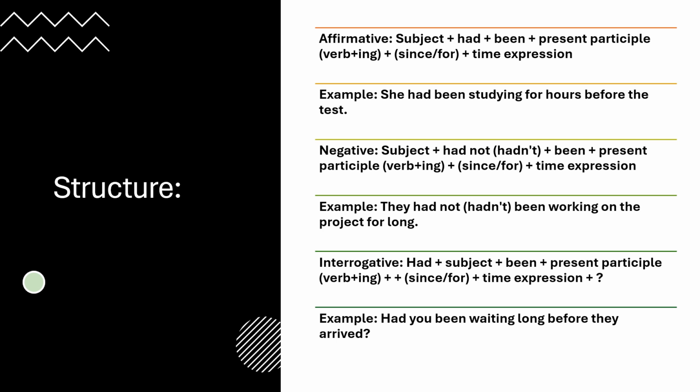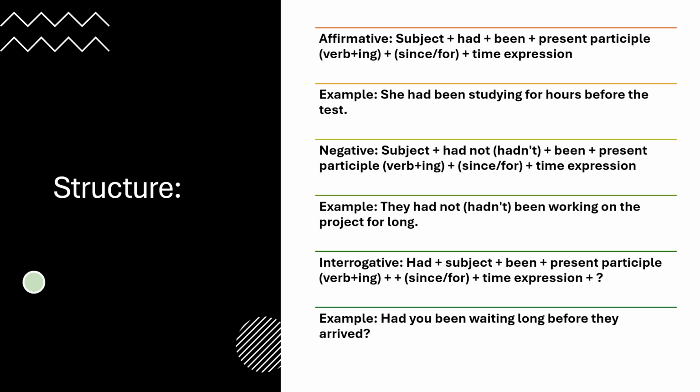Structure. Affirmative sentences: subject plus had plus been plus present participle plus since or for plus time expression. For example, she had been studying for hours before the test. Negative sentences structure: subject plus had not plus been plus present participle plus since or for plus time expression.